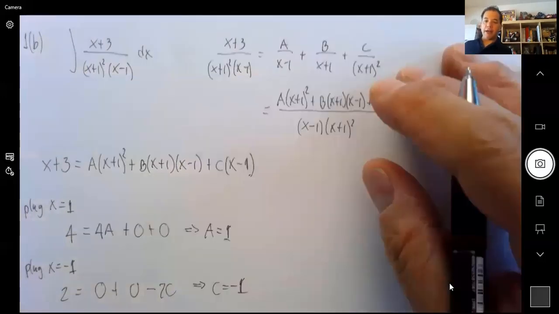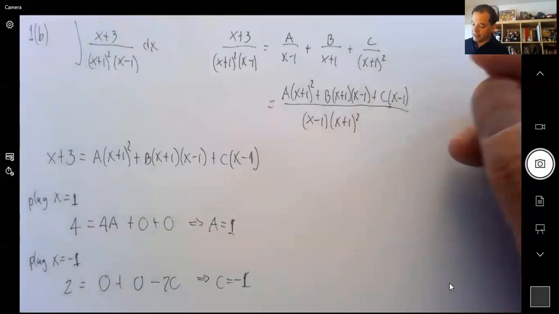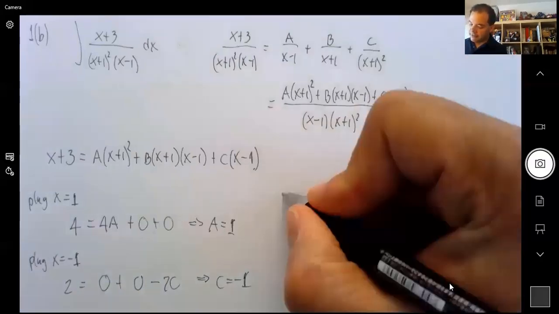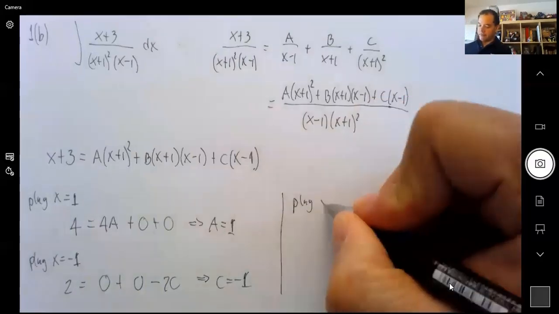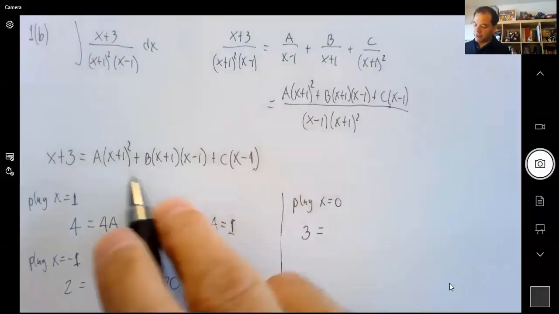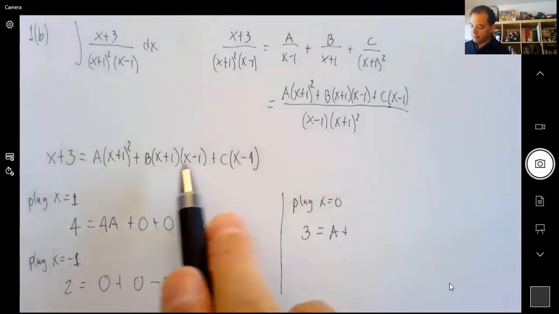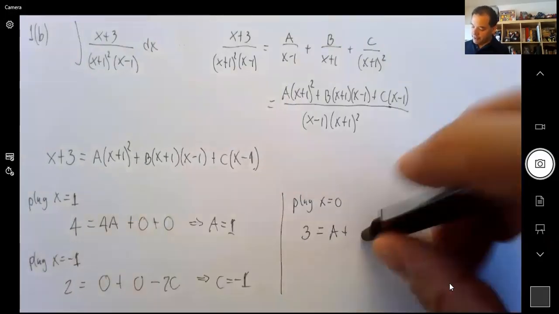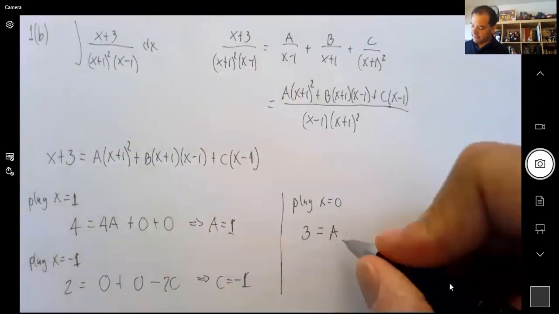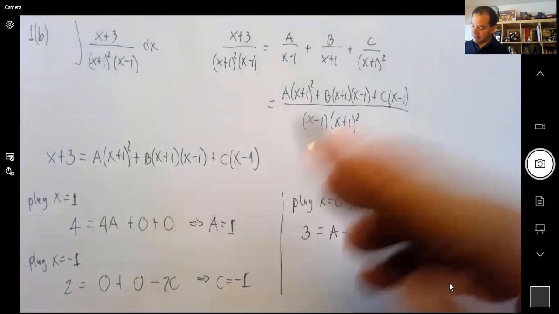And then I'm out of good values to plug in. So now you should plug in any other one, and I like 0. If I plug in 0, I get 3 equals, this would be 1, so that's just a. This will be 1, and this will be -1, so that's minus b. And this will be -1, so minus c.